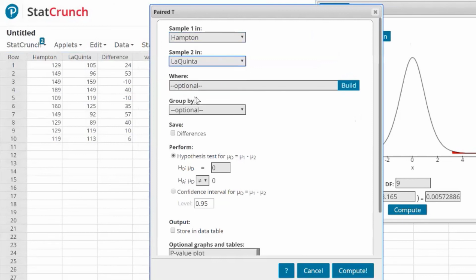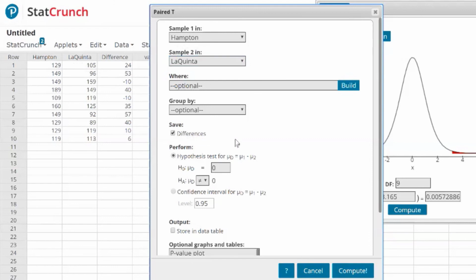Sample 2 is going to be La Quinta. Why? Because StatCrunch always computes the difference as mu1 minus mu2, sample 1 minus sample 2. Remember, we did our differences as Hampton minus La Quinta, so Hampton must be sample 1 and La Quinta must be sample 2. If you got these backwards, you're going to have everything opposite of what you want.